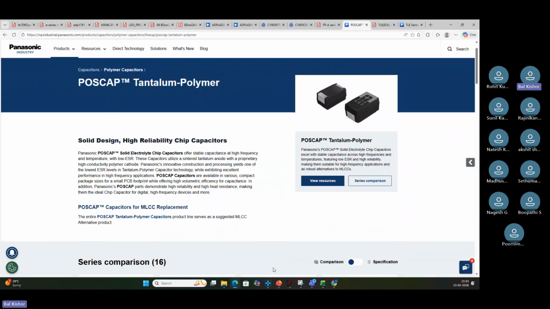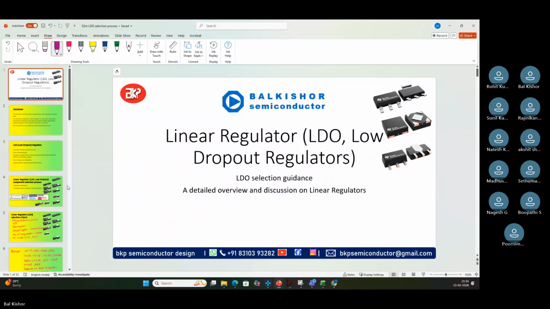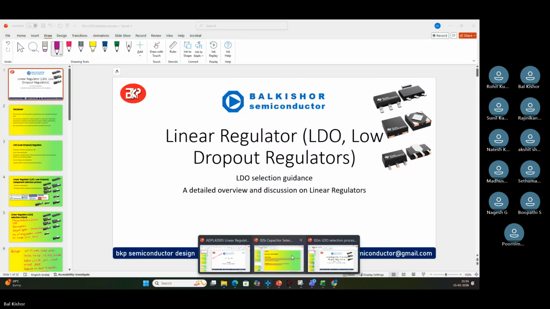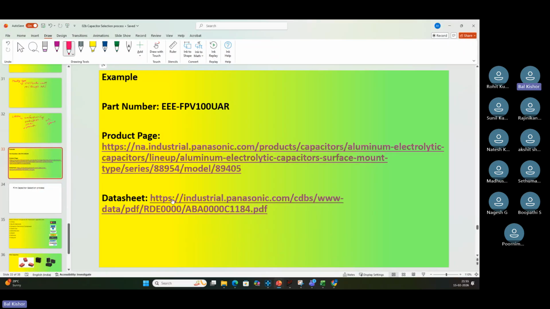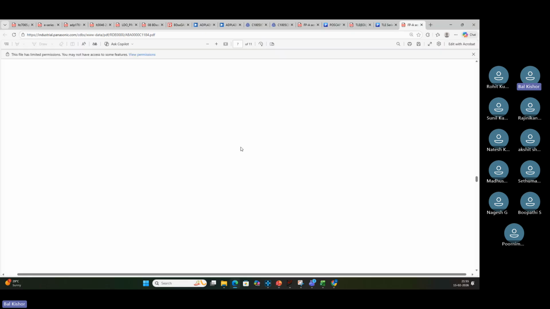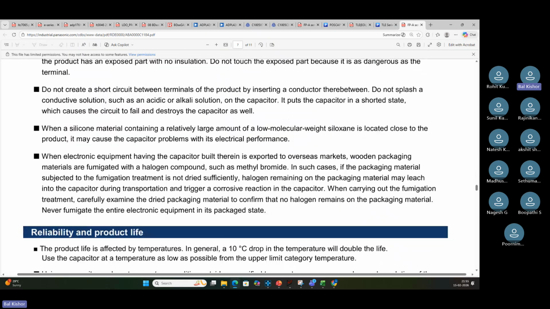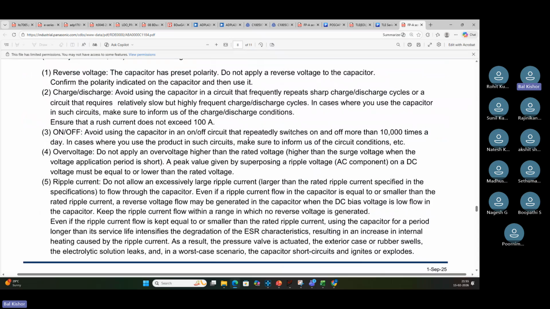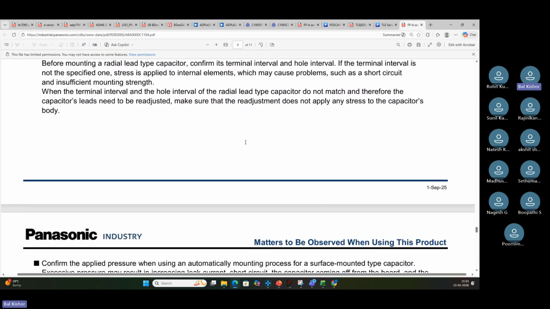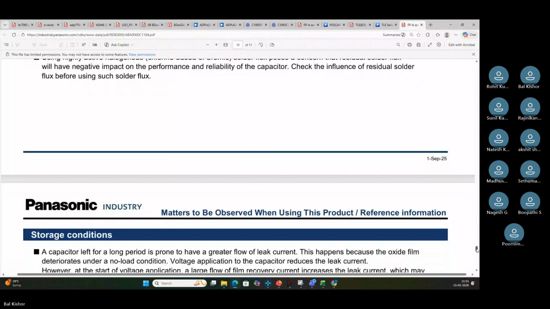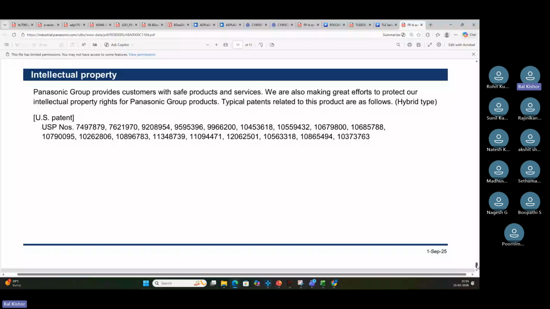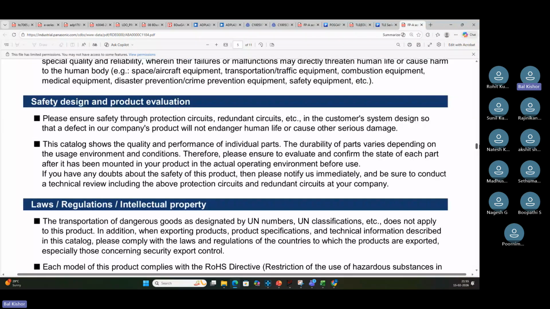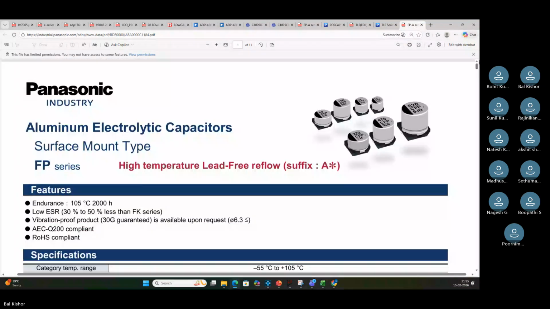Let me see one data sheet and show it to you, how the characteristic is. Based on the temperature, the characteristics change. I'm not sure if they have given that characteristic in the data sheet. Yeah, that is not there.